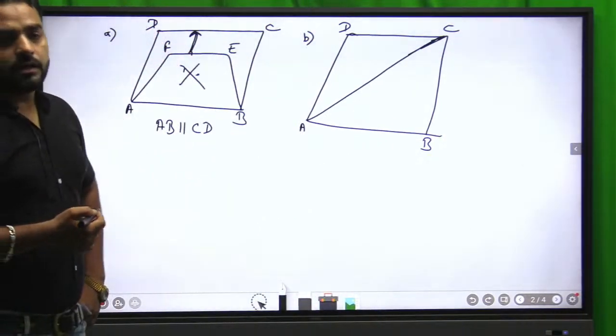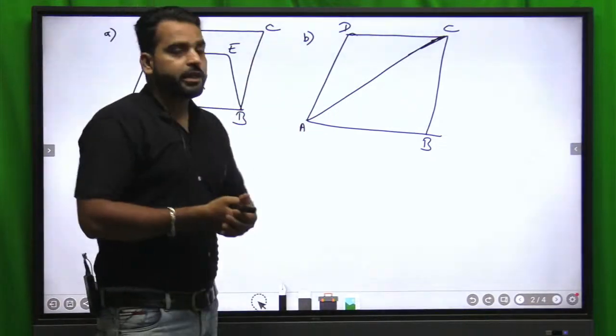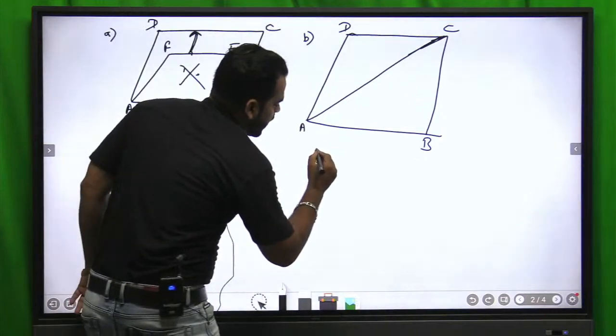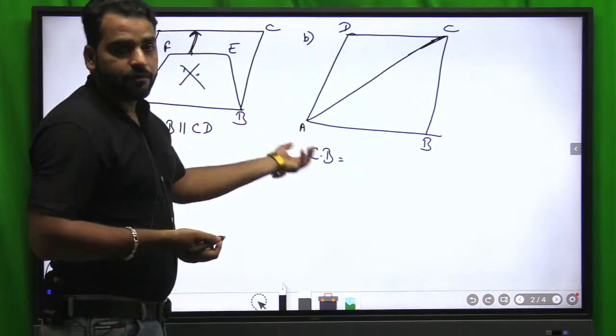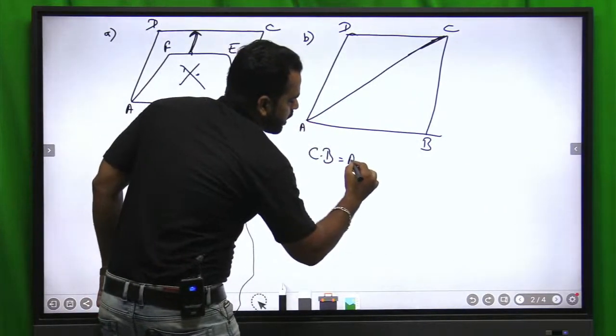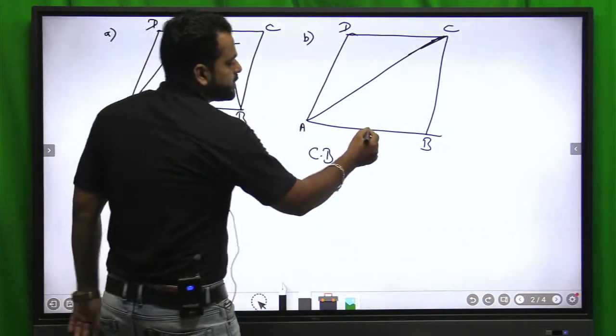Now in this figure, are they sharing the common base, and are they between the parallel lines? Yes, of course they have a common base. What is the common base? AB.